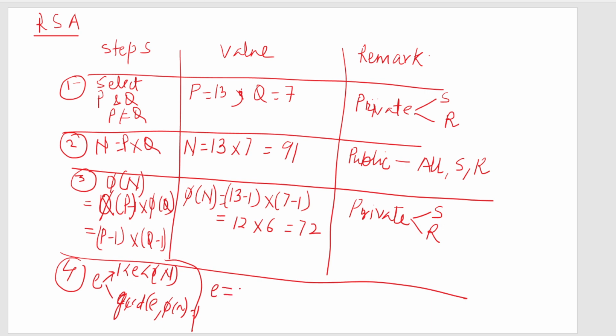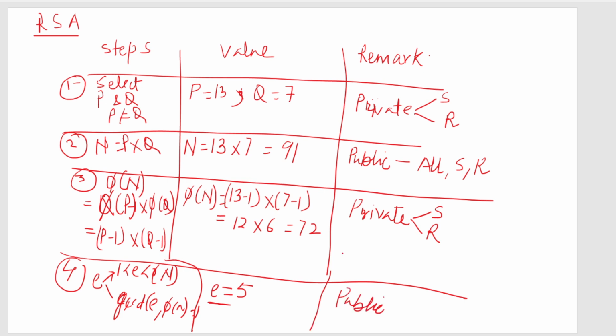This is how we choose a value so that these two conditions are always met. Phi of n is 72, E is 5, and we have to check whether the GCD of 5 and 72 is 1. So we will confirm this, but this E is now a public value.